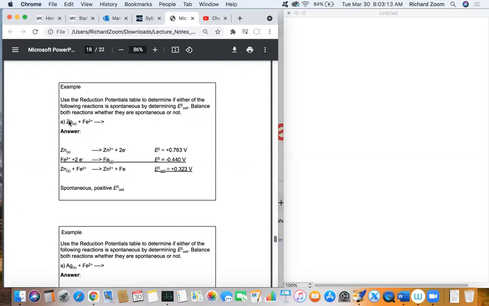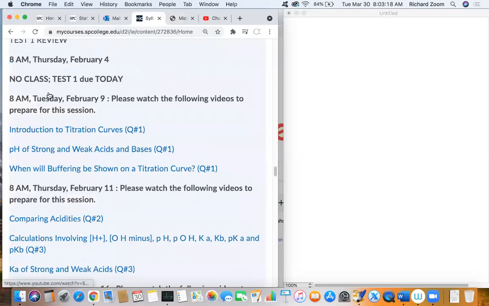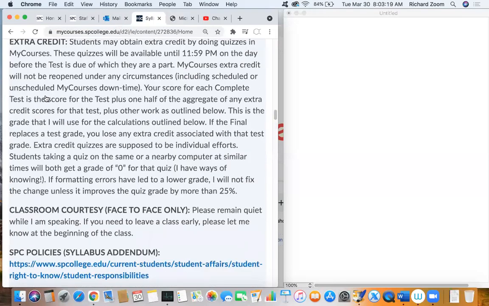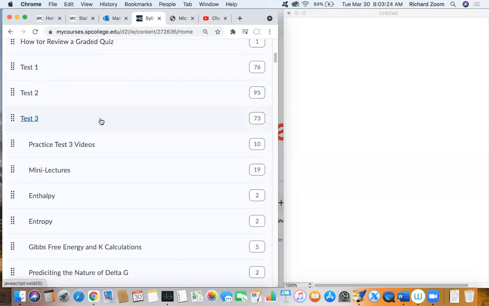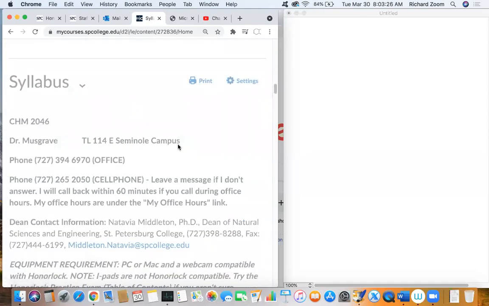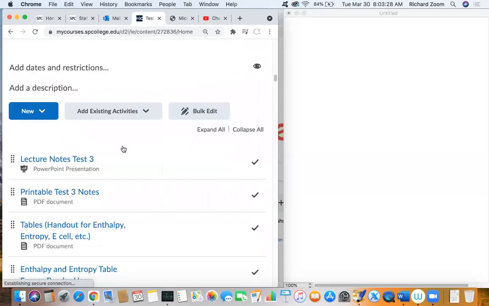So the zinc, if we look on the tables here. Now remember, these tables are provided to you in the test 3 folder. It's this one here.